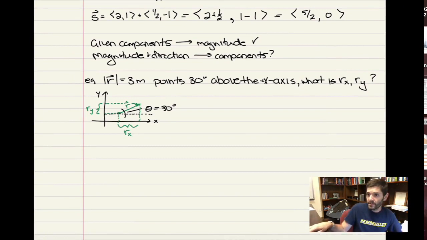Alrighty, very good. So now how can I get the individual components of this vector, given that I know the length of the vector and the angle it makes with respect to one of the axes? It might be a little bit hard to see, but we again have a triangle situation going on here.